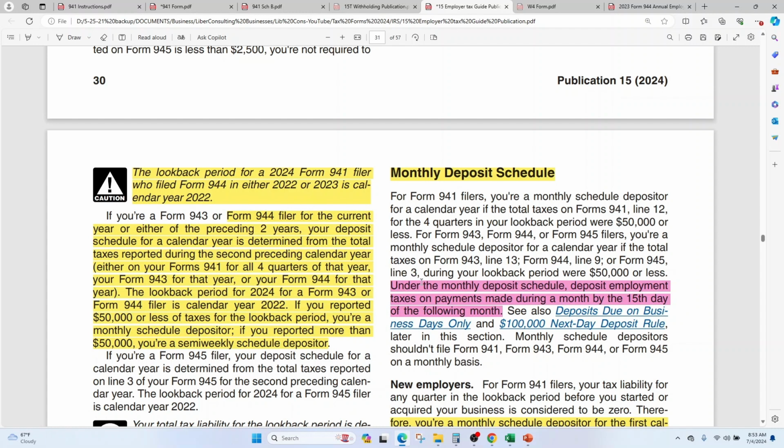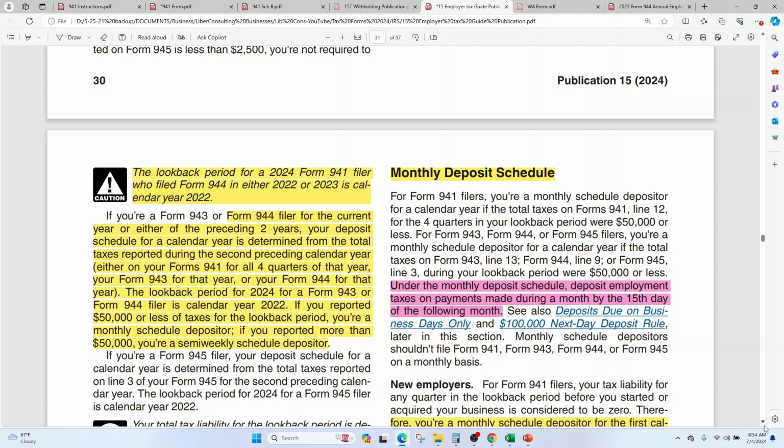we discuss it. If you are a new employer, automatically you are a monthly depositor if you have not incurred that $100,000 tax liability in one day, which will put you in the category of semi-weekly depositor.